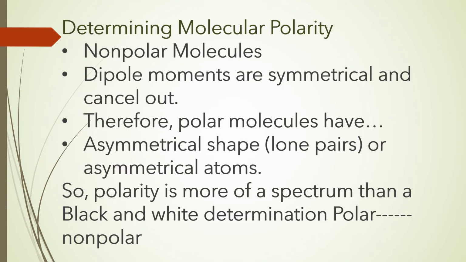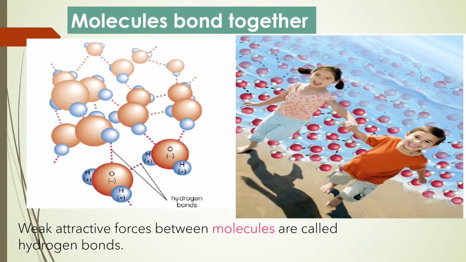Nonpolar molecules' dipole moments are symmetrical and cancel out. Polar molecules have an asymmetrical shape, lone pairs, or asymmetrical atoms. So polarity is more of a spectrum than a black and white determination, from polar to nonpolar.